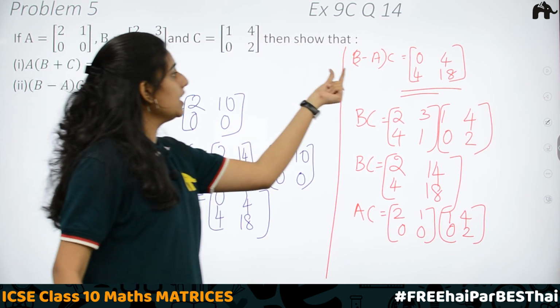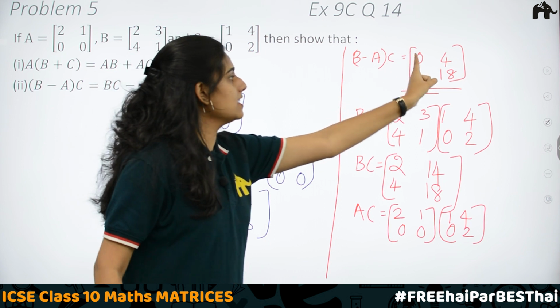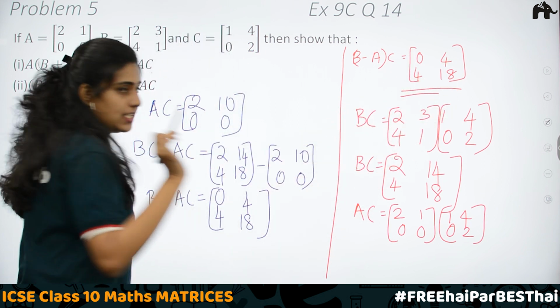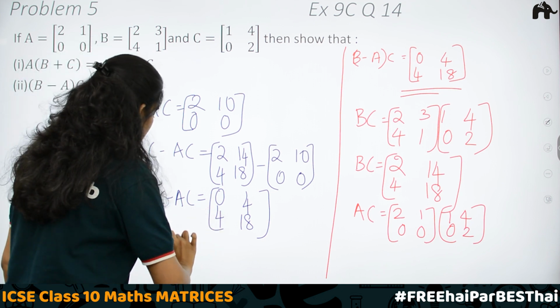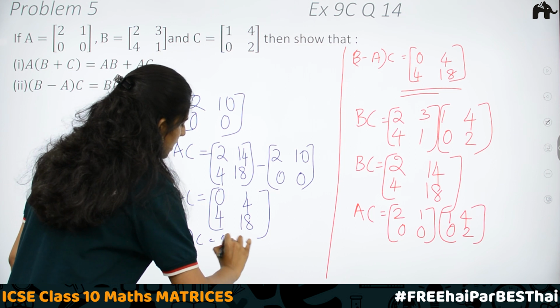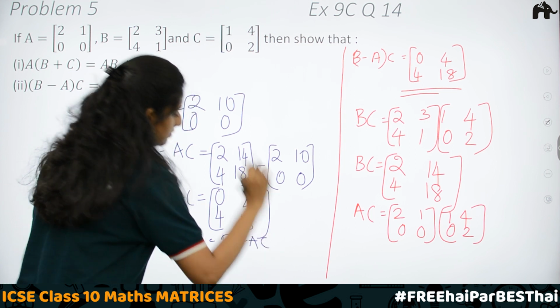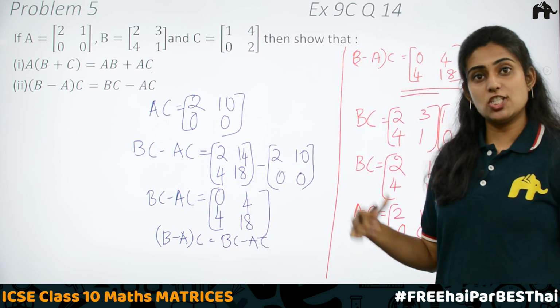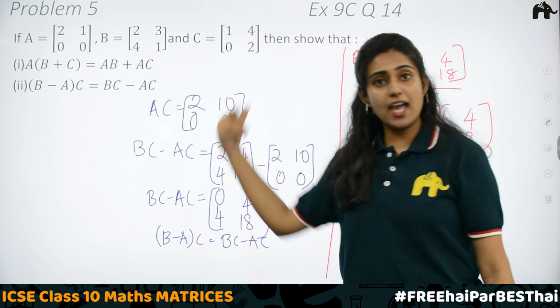Now we have (B minus A) into C, that is again 0, 4, 4, 18. Here also we have 0, 4, 4, 18, which means (B minus A) into C is equal to BC minus AC. From this we can conclude that matrix multiplication is distributive under addition and subtraction.